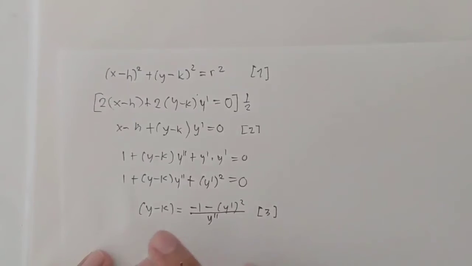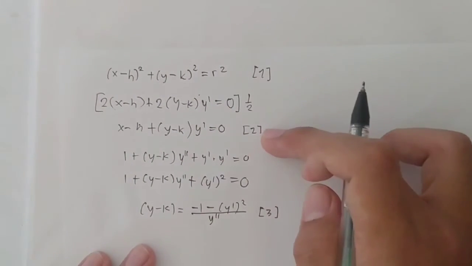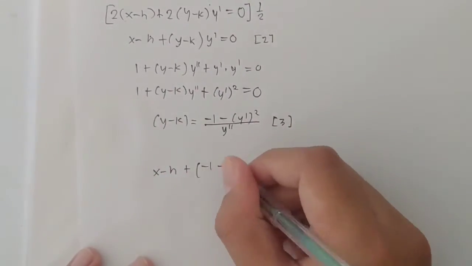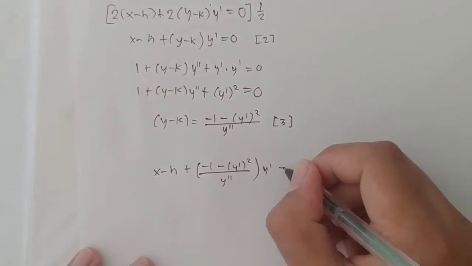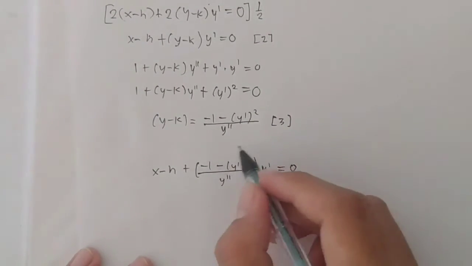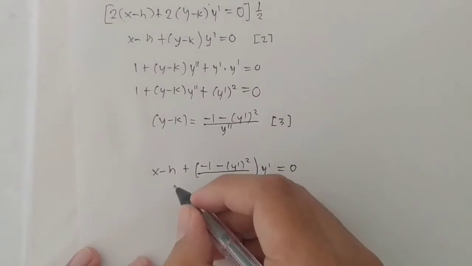As you can see, we can substitute equation 3 into equation 2 to find x - h. We multiply this by y prime, distribute it in the numerator, and move it to the right side.